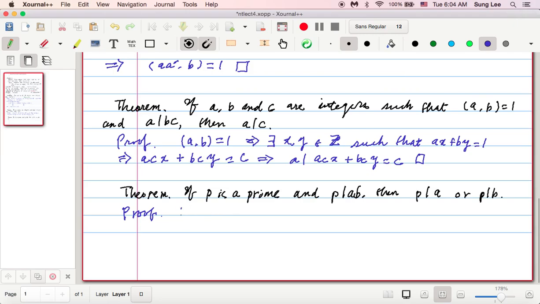Here we prove the theorem by contradiction. We did that before. Here also, we are going to prove this by contradiction.